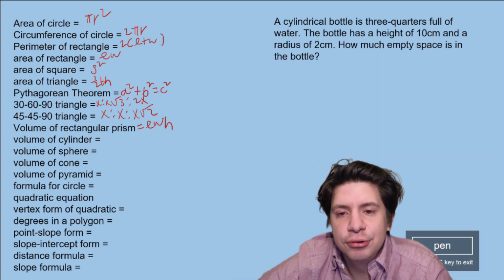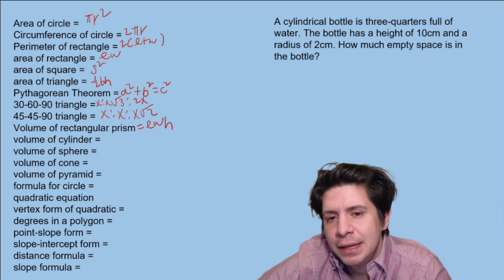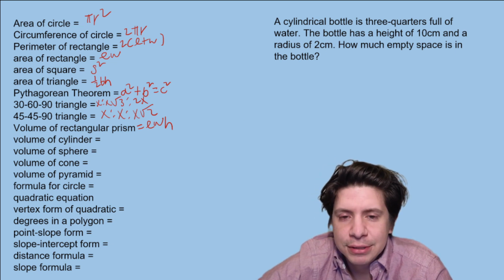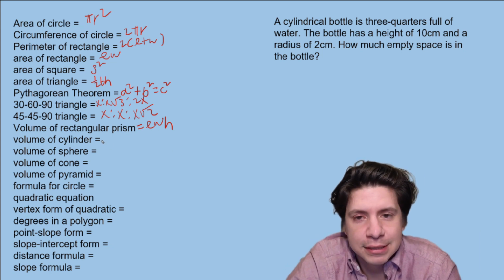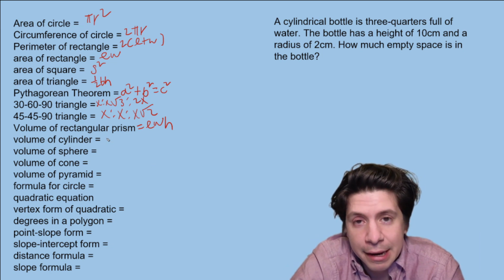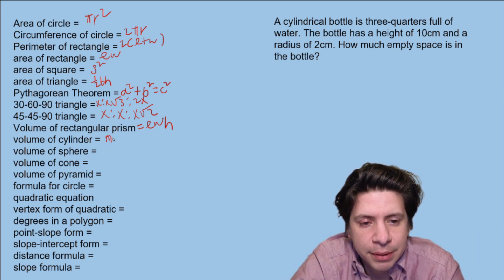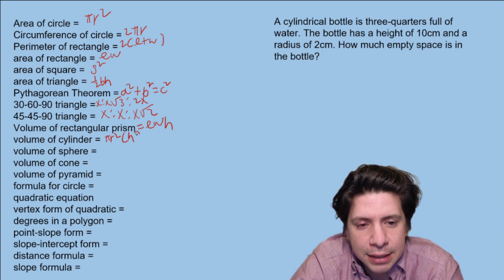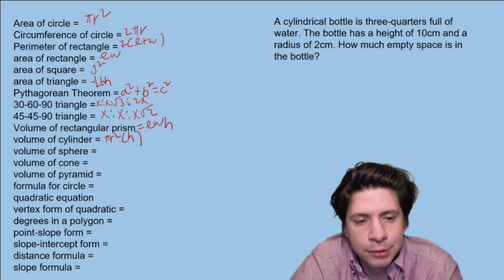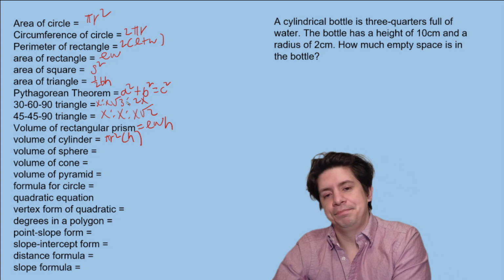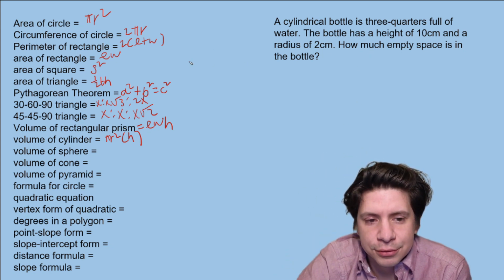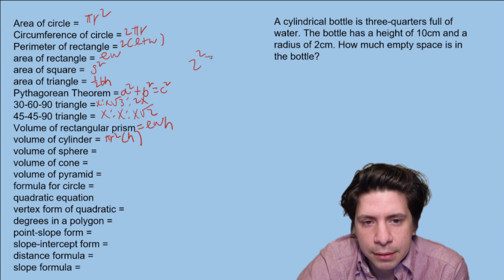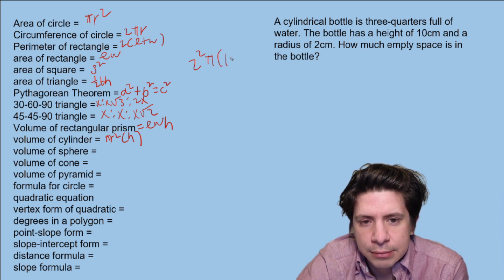Here we have a cylindrical bottle that is 3/4 full of water. The bottle has a height of 10 centimeters and a radius of 2 centimeters. How much empty space is in the bottle? So volume of a cylinder is going to be the area of the base, which is the area of a circle, which is pi r squared, times height. So now we're sort of combining area of a circle with volume of a prism, right? And this is going to give us height of 10, radius of 2. So it's going to be 2 squared pi times 10.